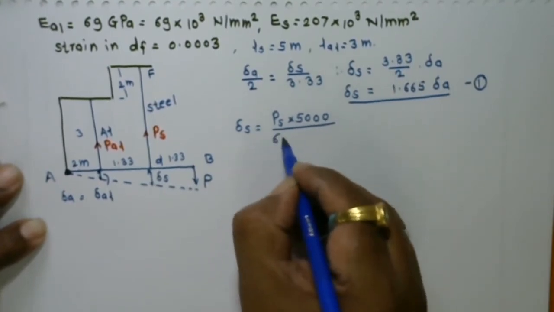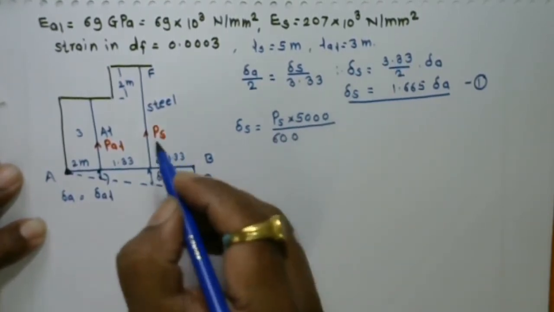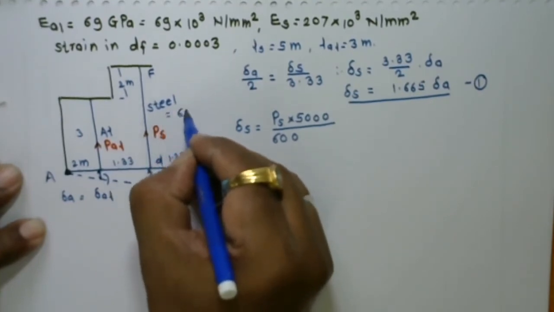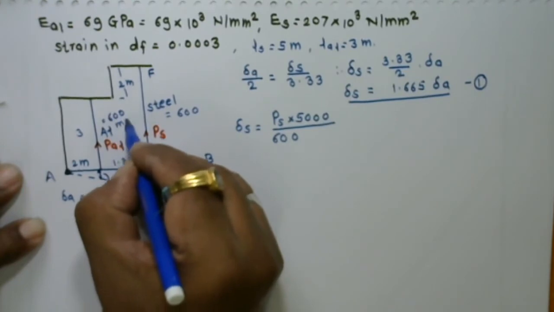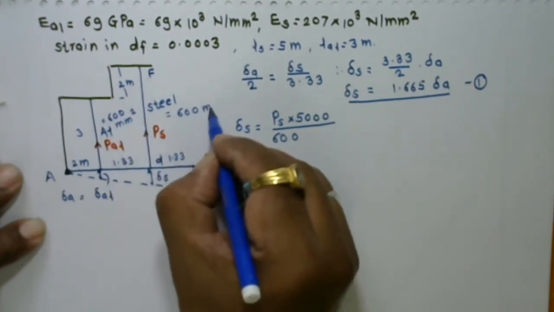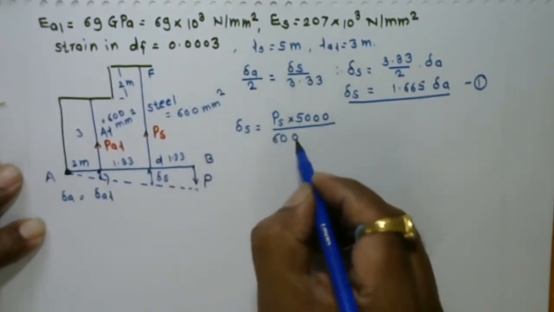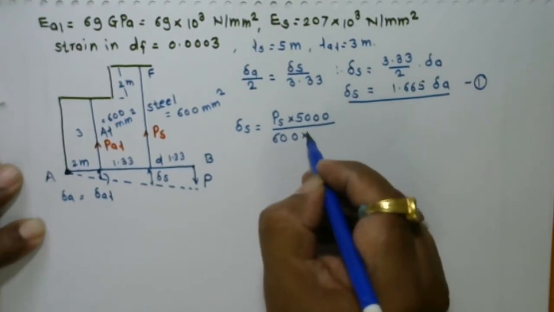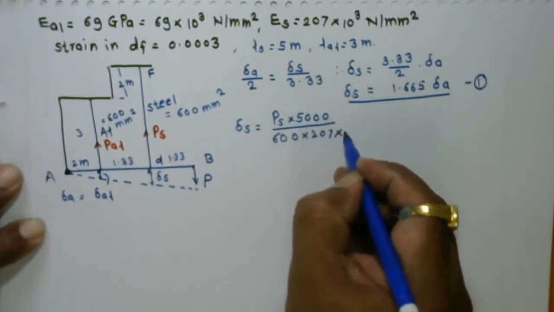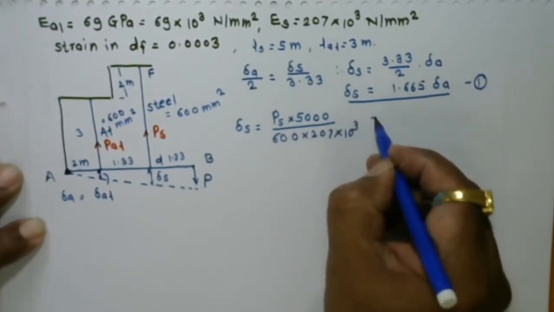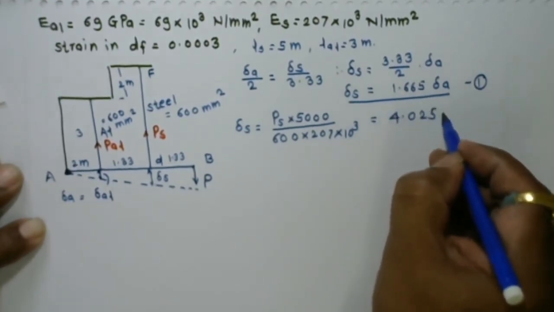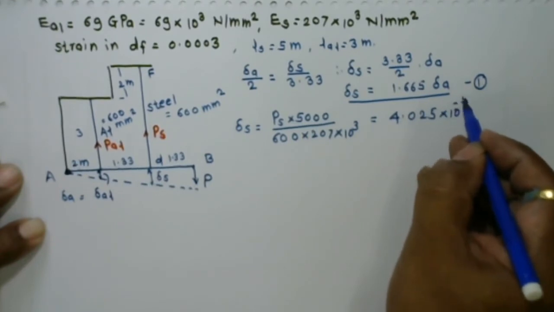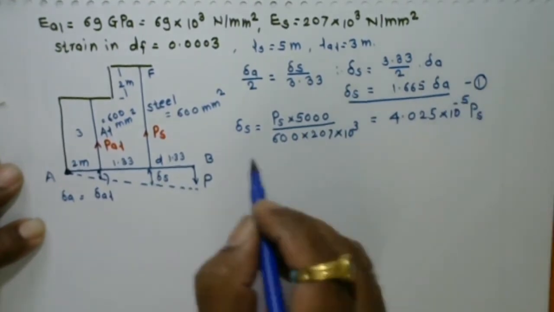Cross sectional area is given 600 mm square for steel, for aluminium also. And modulus of elasticity for the steel 207 into 10 raised to 3. So you will get here 4.025 into 10 raised to minus 5 PS.